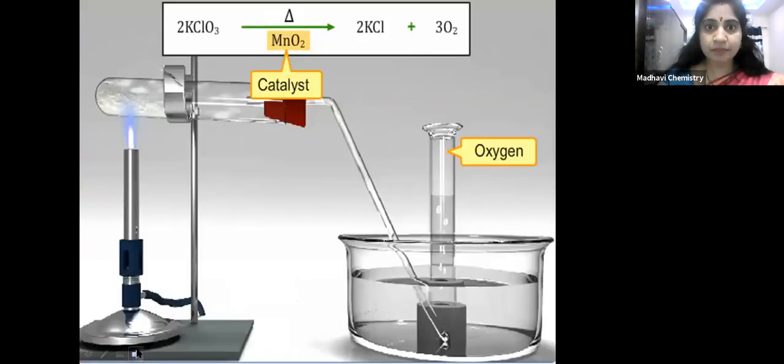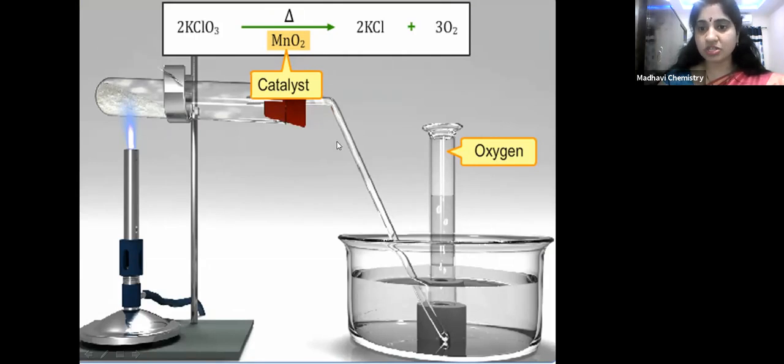You can see the setup for the preparation of oxygen by KClO3 decomposition. Now see here, this test tube has potassium chlorate along with a small quantity of the catalyst manganese dioxide. When it is heated, oxygen is released.